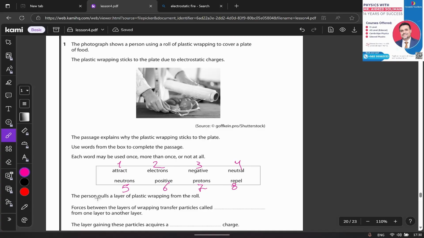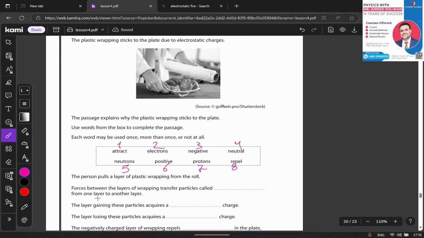Each word may be used once, more than once, or not at all. The person pulls a layer of plastic wrapping from the roll. Forces between the layers of wrapping transfer particles called electrons from one layer to another. The first missing word is electron. Okay, thank you. Now it's your turn.